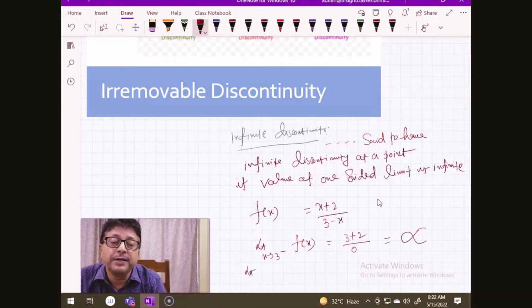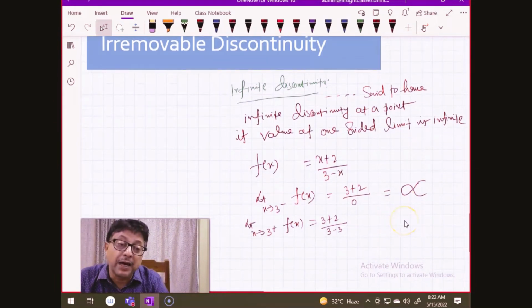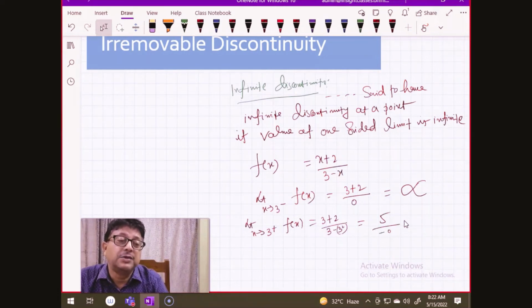Similarly, if you find limit x tending to 3 plus f(x), what will you get? This is going to be (3 plus 2) by (3 minus 3 plus). So you will not get plus 0 over there, you will get minus 0. So it means minus infinity.